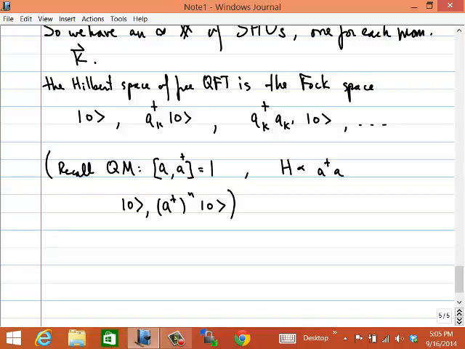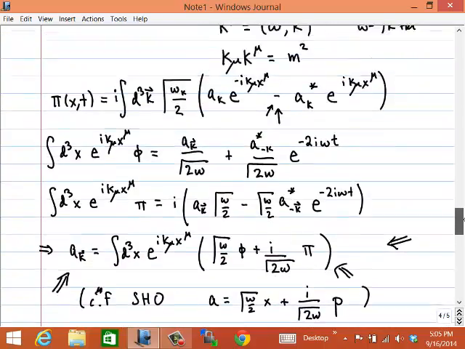Okay, good. So what we've seen is that the Hilbert space of the theory is just that of a bunch of harmonic oscillators. What about the Hamiltonian? In particular, I computed for you the Hamiltonian of free classical field theory.